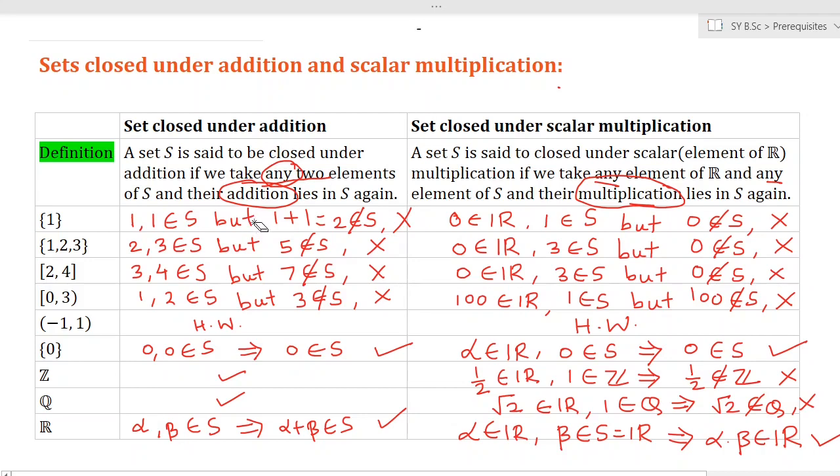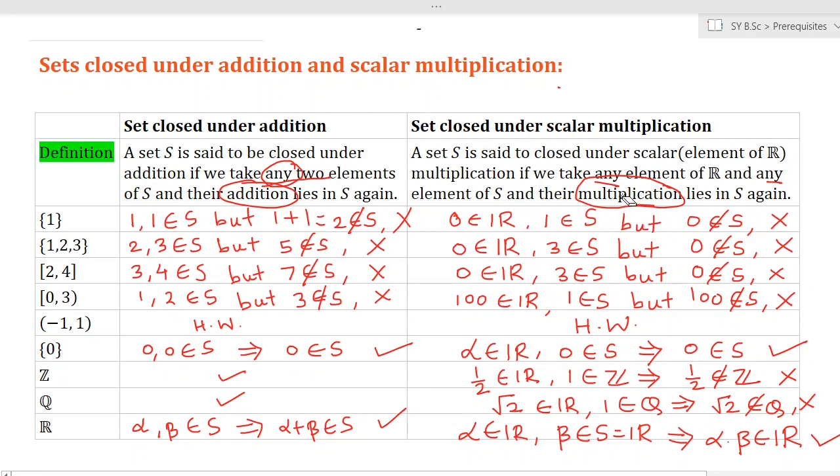Now this addition and multiplication cannot be usual always. Sometimes it can be matrix addition, sometimes it can be addition of sequences, sometimes it can be addition of functions also. That operation we are calling addition.